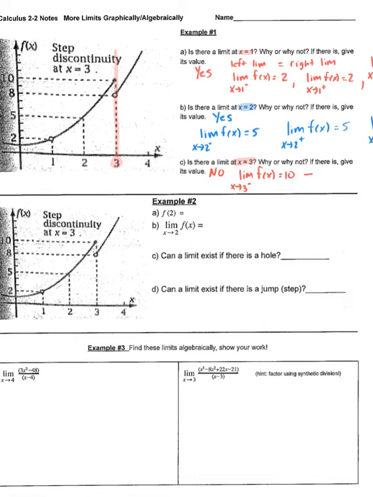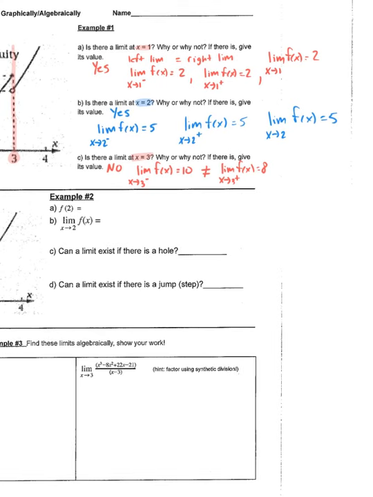And that is not equal to our right limit. The limit as x approaches 3 from the right of our function is equal to 8. So in that case, we have to say that the limit as x approaches 3 of our function does not exist.